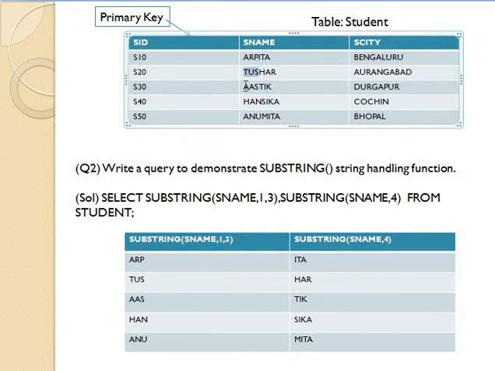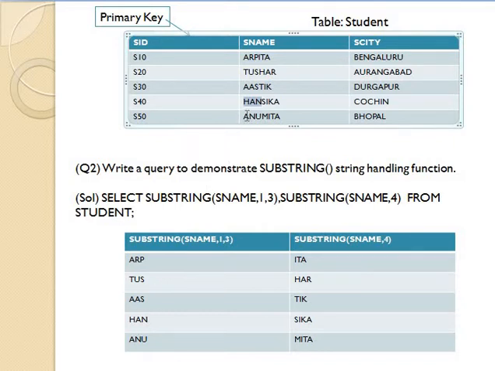Similarly, for the next entry Aastik, if I extract 3 letters starting from the first letter, then I shall retrieve AAS into the output table, followed by the entry Hansika: if I wish to retrieve 3 letters starting from the first letter H, then I shall extract HAN from this entry into the output table.